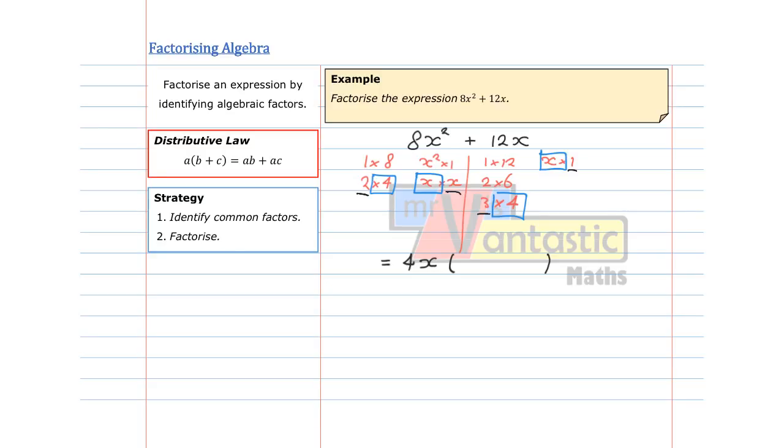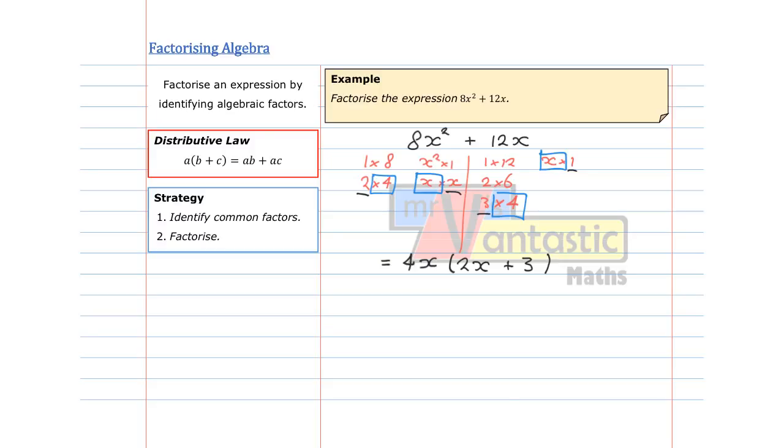So we're going to have 2x plus, and 3 times 1 is just 3. So the factorized form of 8x squared plus 12x is 4x into the bracket 2x plus 3. And you can double check this by now expanding it out, and you'll get this same expression back out.